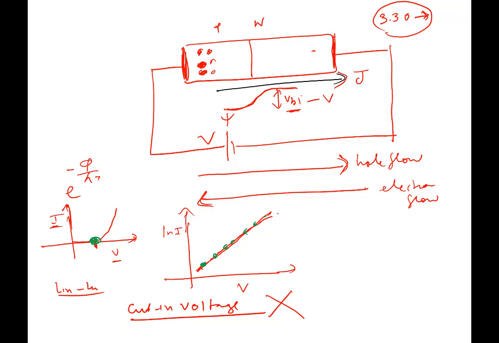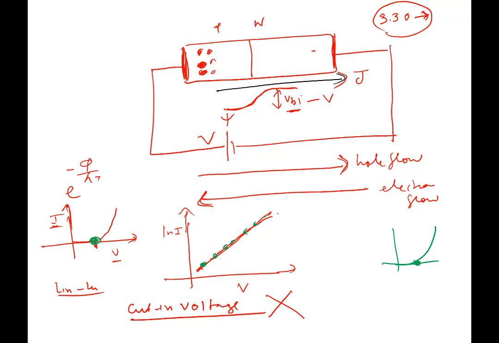Any sharply varying curve, any curve which is highly nonlinear, if you plot it on a linear plot, it would appear as if it's increasing sharply at some point, and will give you an impression as if something very interesting, magical is happening at that point. In fact, nothing is happening. It's just a nonlinear curve on a linear plot. There is no cut-in voltage, and you can see it if you plot it on a log scale.